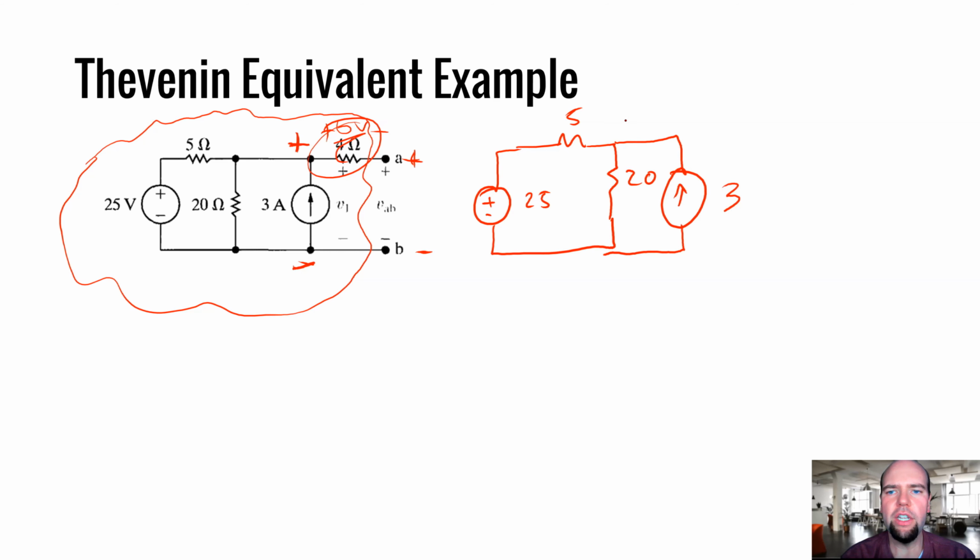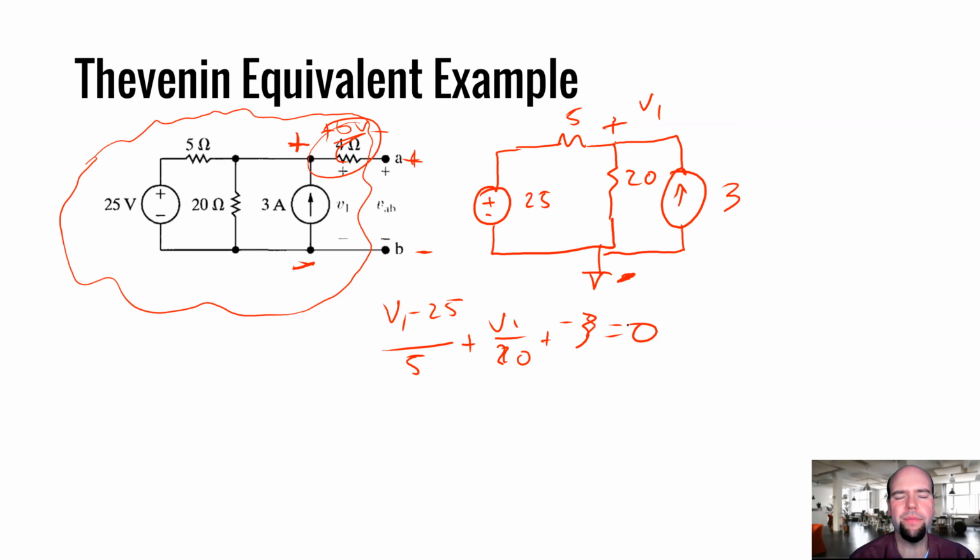And again, my question is, what's this voltage here relative to down here? Okay, well, if I'm trying to find this voltage, I'm just going to use node voltage really quick. Pick a reference, call this V1. Just going to write (V1 minus 25) divided by 5 plus V1 over 20 plus negative 3 equals 0.